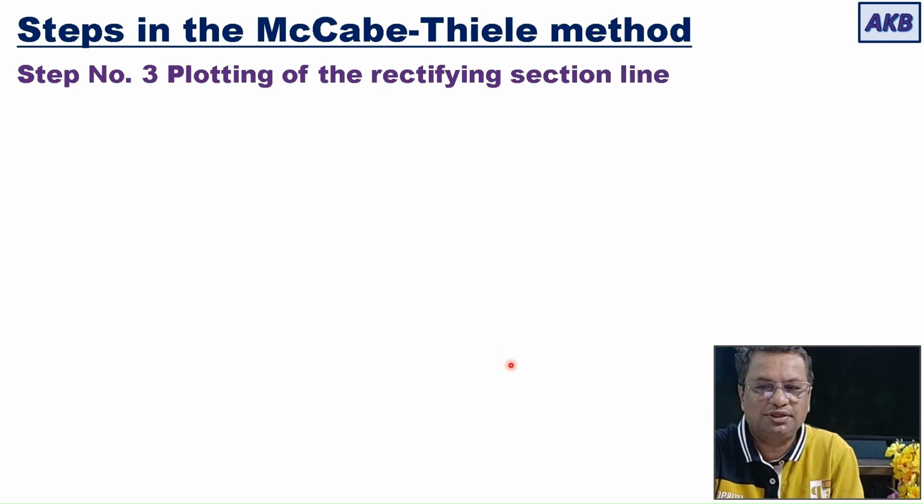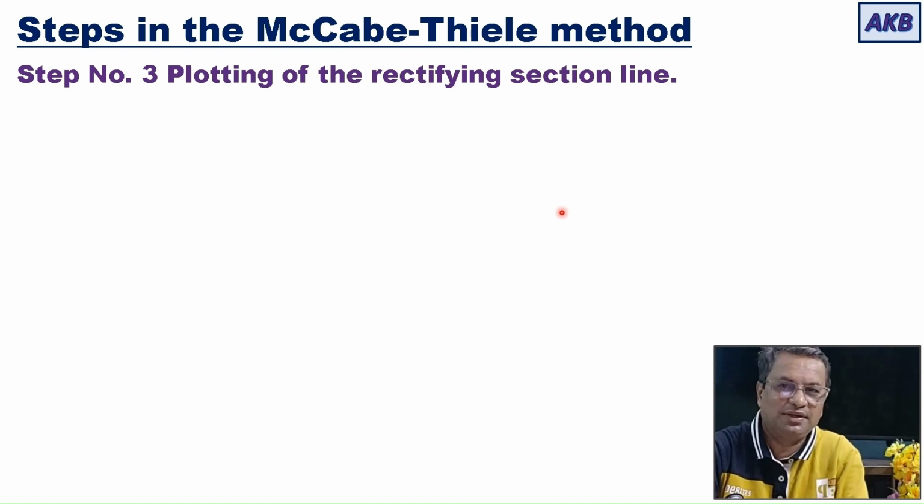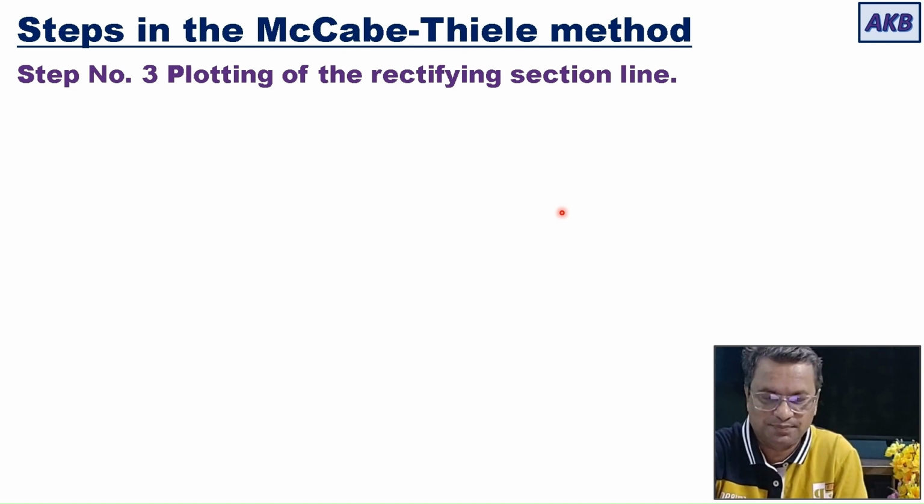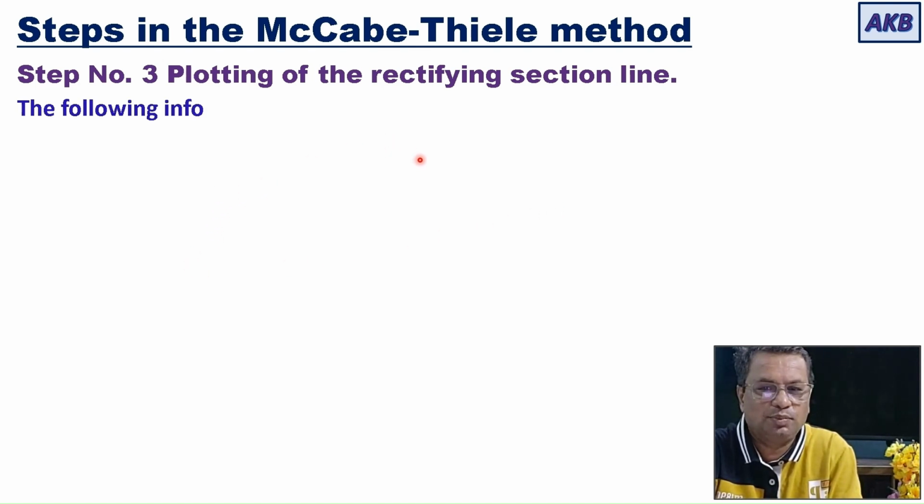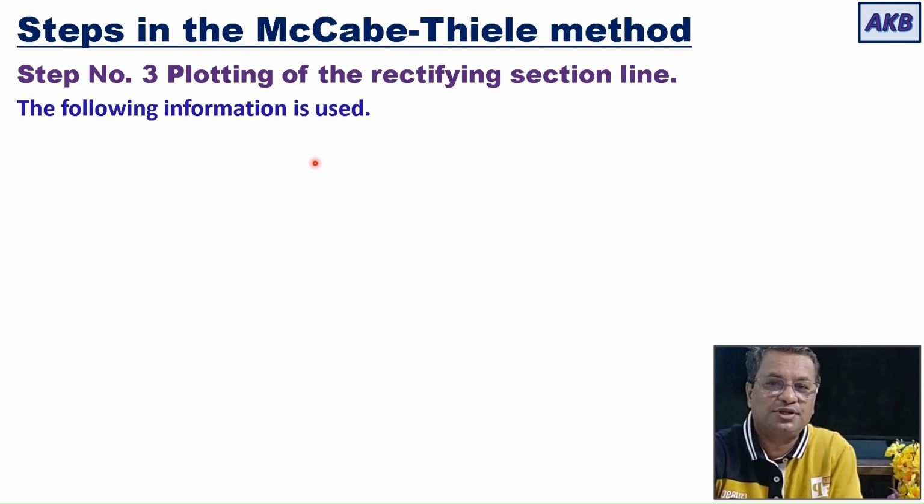In step number 3, we are going to plot the rectifying section line. I have discussed the rectifying section line in detail in my earlier videos; please watch those videos. So for plotting the rectifying section line, what information has to be used?